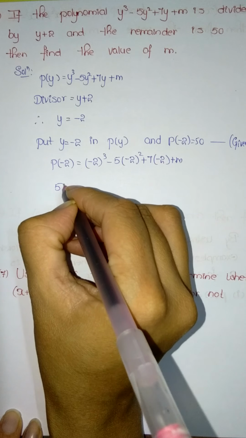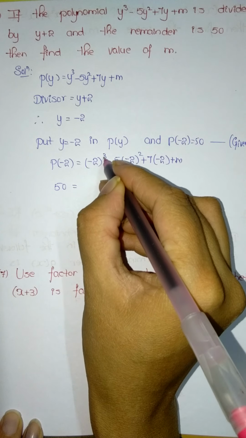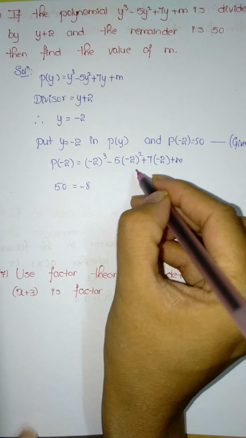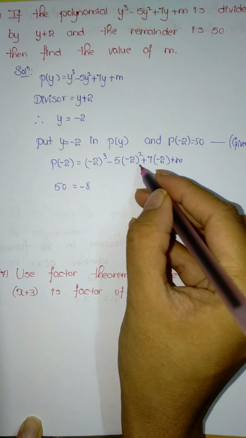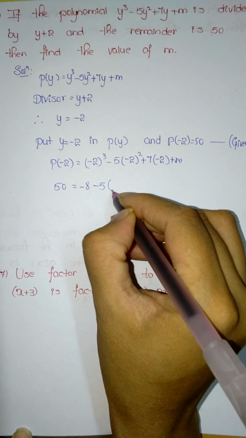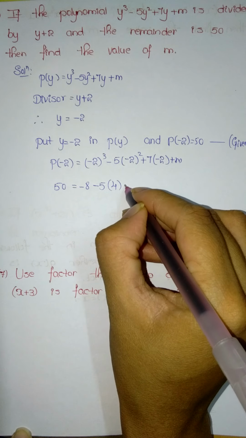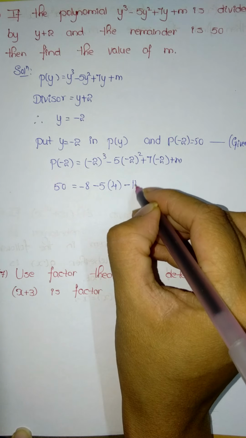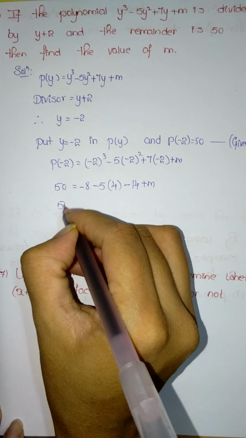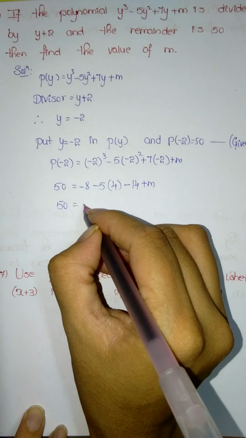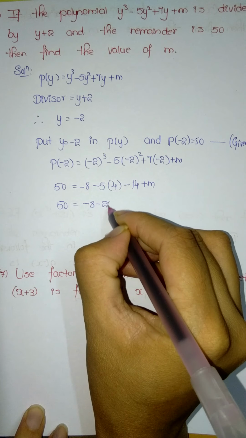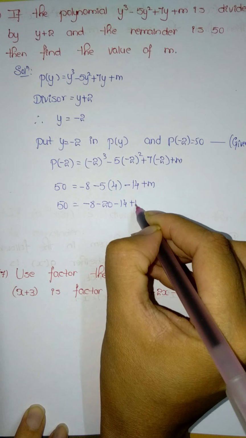So 50 equal to 2 cube is 8. So minus into minus plus, plus into minus, it becomes minus. So here 2 square is 4. So minus 5 into 4, minus 7 2s are 14, plus m. So here 50 equal to minus 8 minus 20 minus 14 plus m.